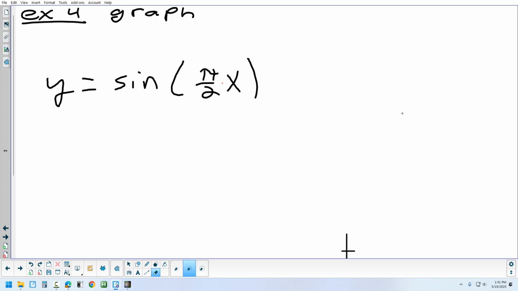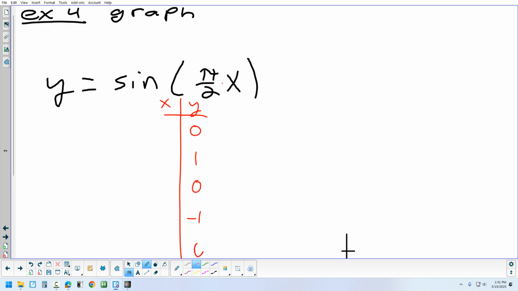Okay, so what column is going to stay the same? Y. Okay, what are my y's? 0, 1, 0, negative 1, 0. Because of the kind of problems I'm giving you, the first x for this transformation is 0. Then we find the fifth coordinate, and we do 2 pi over b, which is pi over 2.